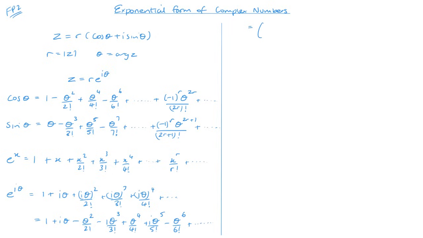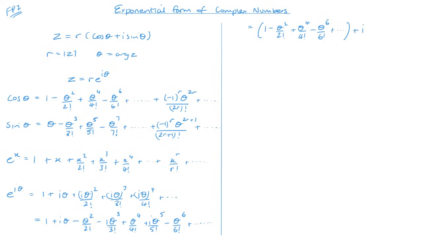So it would actually split up into 1 minus theta squared over 2 factorial plus theta to the 4 over 4 factorial minus theta to the 6 over 6 factorial, and carrying on.